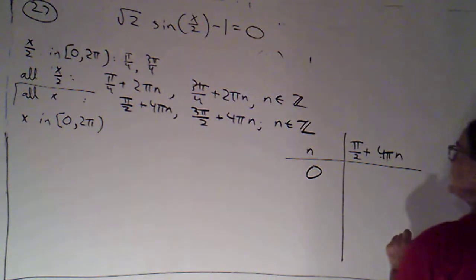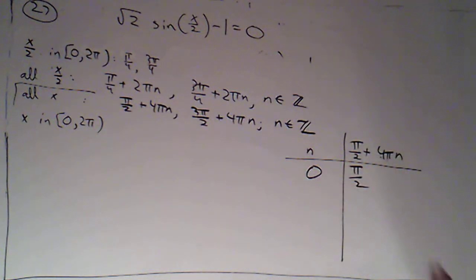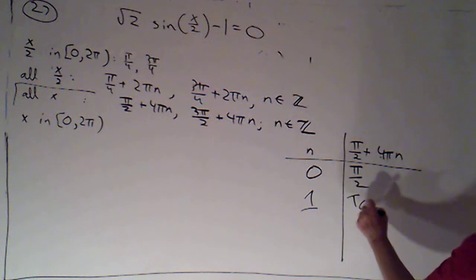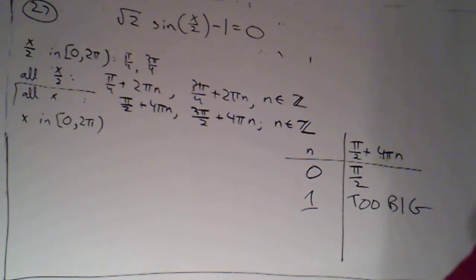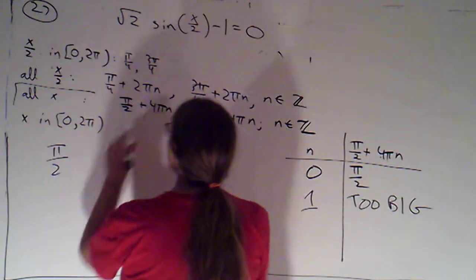If n is 0, I'm just going to get pi over 2. n can't be negative, or I'd have something too small. Okay. Now, if n were 1, that's too big.